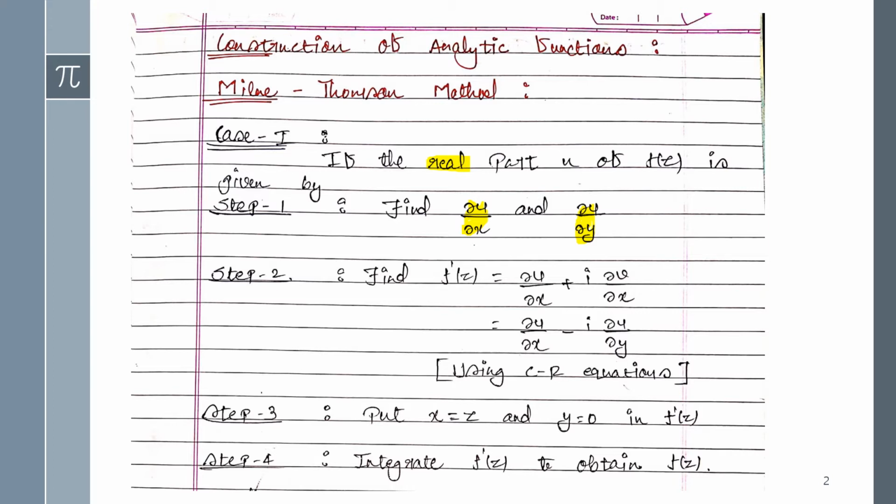As you all know, what will be f of z? I am writing here one more time, because previously I already wrote it in the slides, but this time also I am writing f of z. It's nothing but u plus iv.